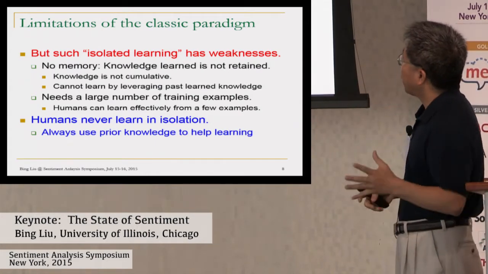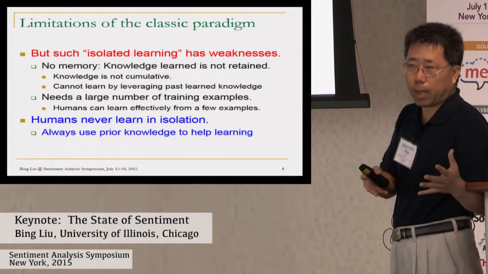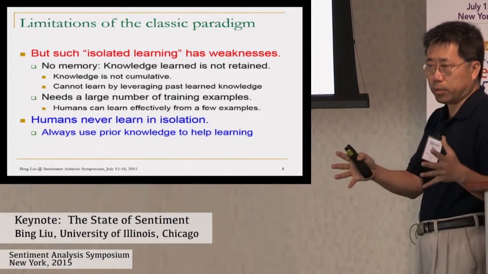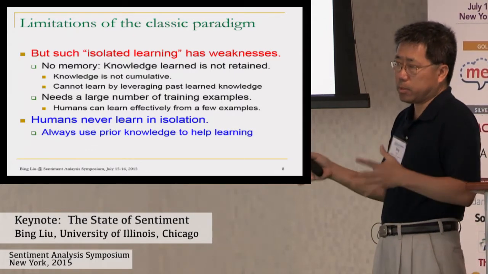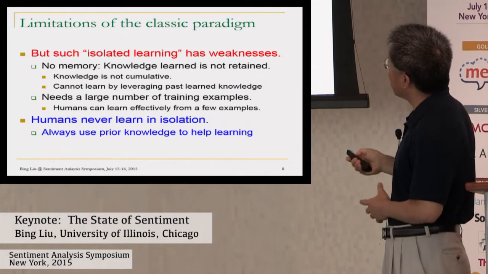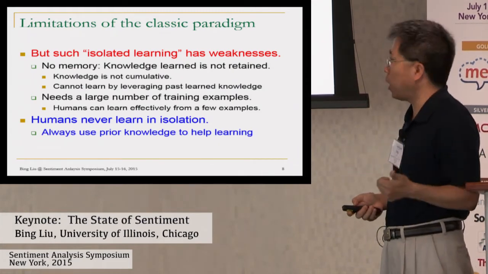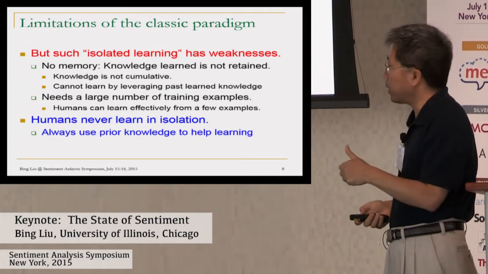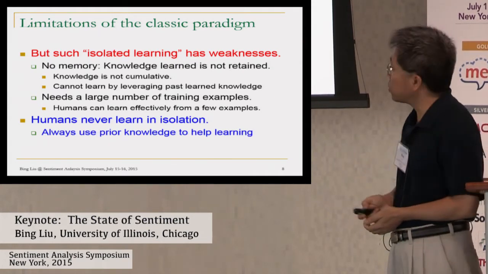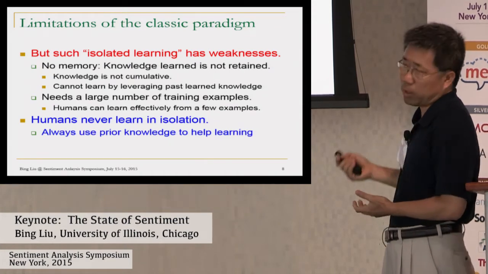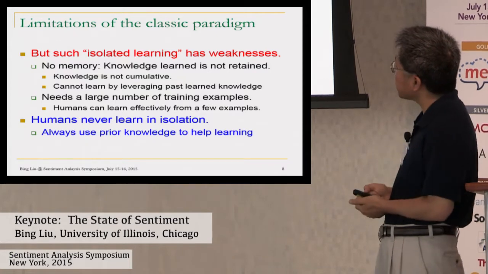The knowledge you learned in the past is not cumulative, which means you learn something, you forget about it, and you can't leverage the past information we have learned to help us do better next time. One of the symptoms is that traditionally you need a large amount of training data to do reasonably well.